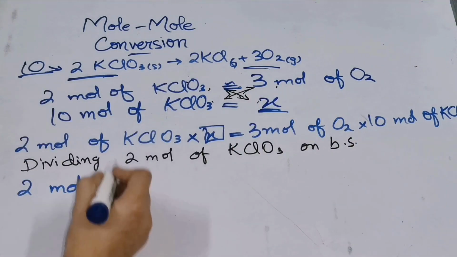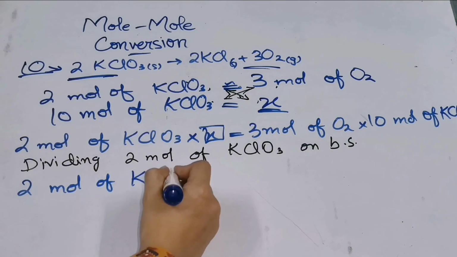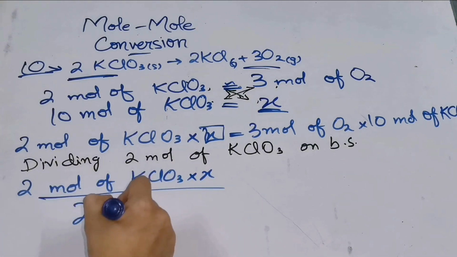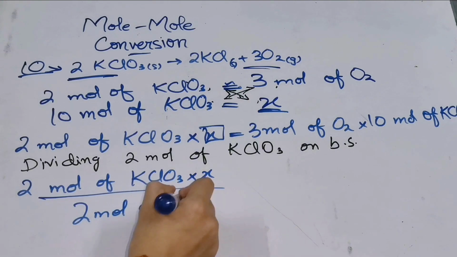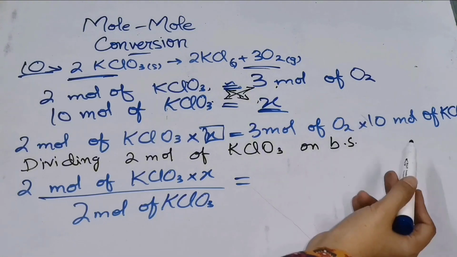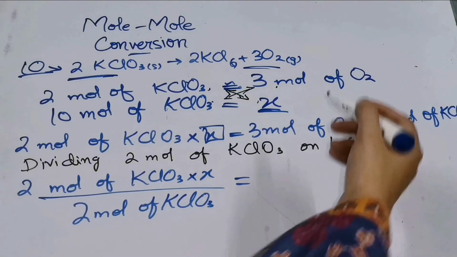So 2 mole of KClO3 multiplied by X divided by 2 mole of KClO3 will be equal to 3 mole of O2 multiplied by 10 mole of KClO3 divided by 2 mole of KClO3.